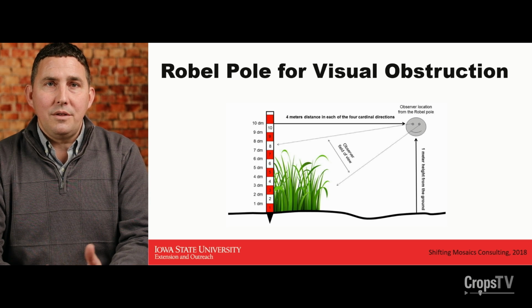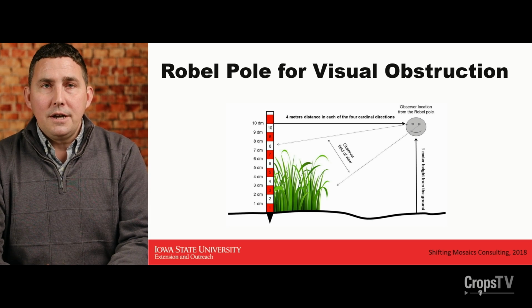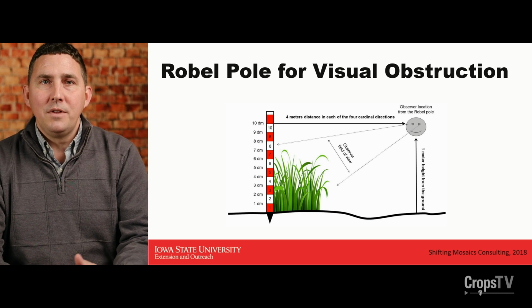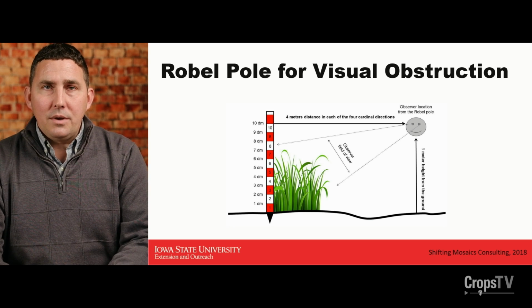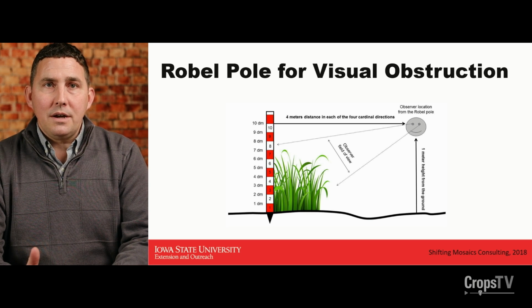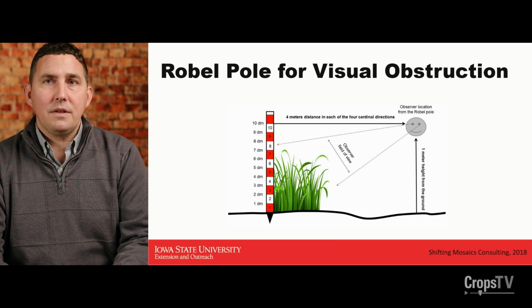That's where the 1, 2, 3, 4 comes from, because they're using decimeters. The line between the 1 and the 2 is 1 decimeter, and so on. So the key with this type of measurement or assessment is that you're using a known pole with different heights on it, but you're also putting the viewpoint at 4 meters off and a meter high off the ground, and that's where the observer location would be.